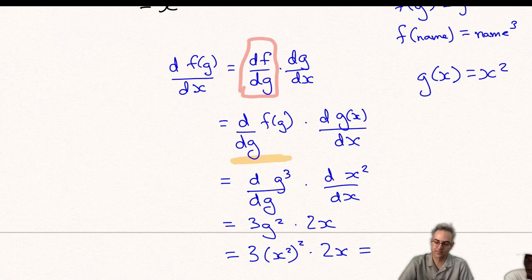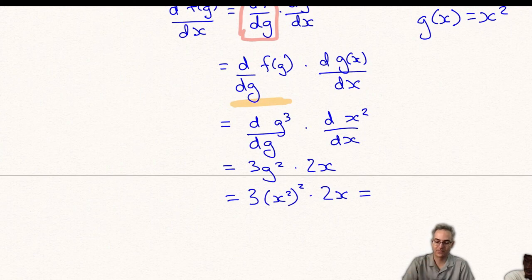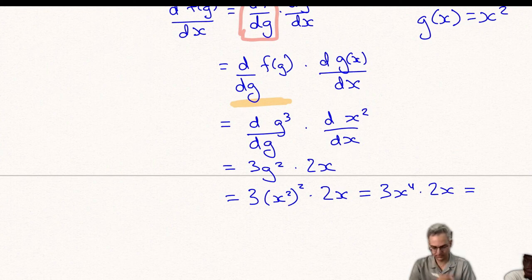3 multiplied by x to the power 4, times 2x, and that's going to be 6x to the power 5.